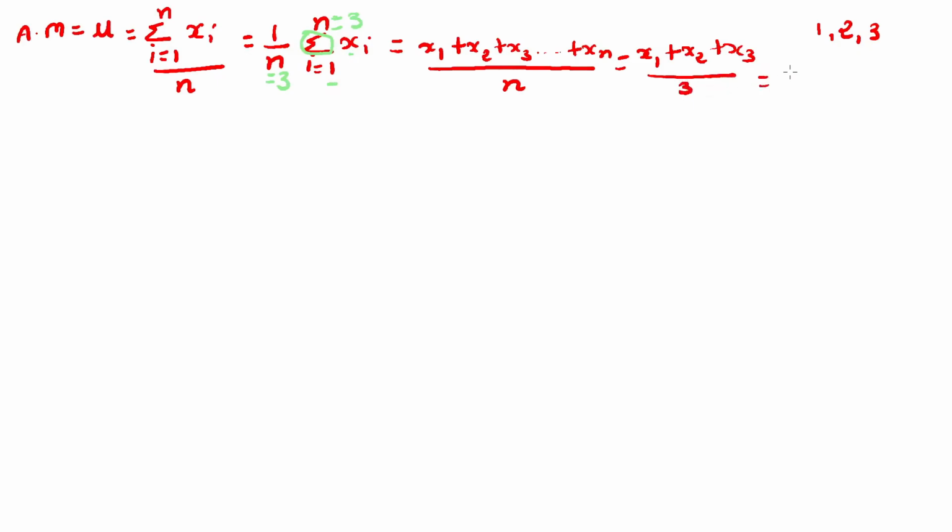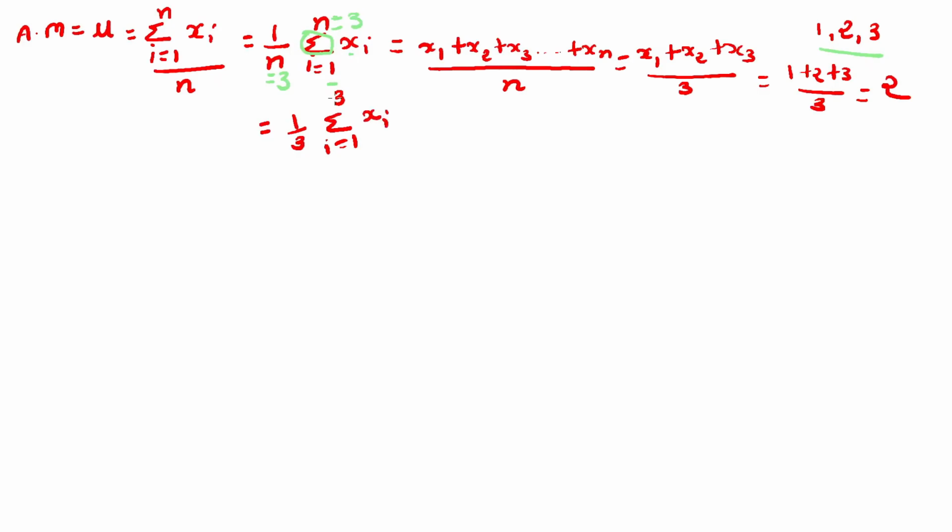So over here it will be like 1 plus 2 plus 3 divided by 3, and that is, arithmetic mean of these three numbers will be 2. And this equation will be like this: 1 by 3 sigma i equal to 1 to 3 xi. So this is how this equation will become for these three numbers.